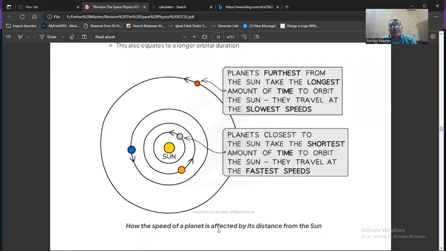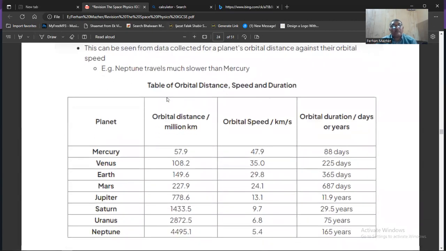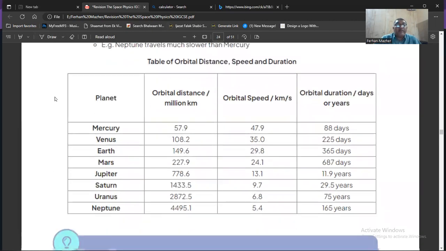How the speed of a planet is affected by its distance from the sun. This can be seen from the data collected for a planet's orbital distance against its orbital speed. For example, Neptune travels much slower than Mercury. So this table shows orbital distance, speed, and duration.